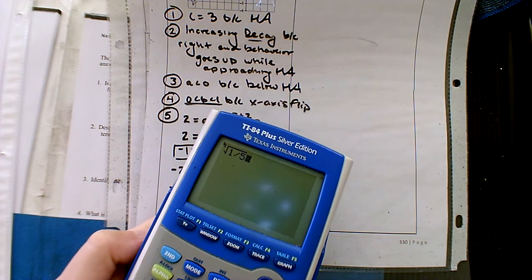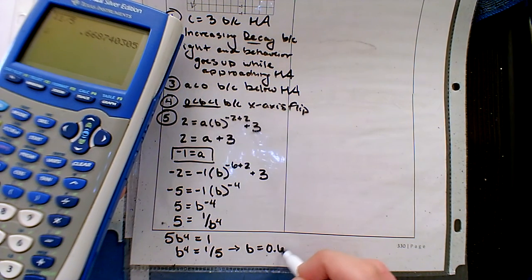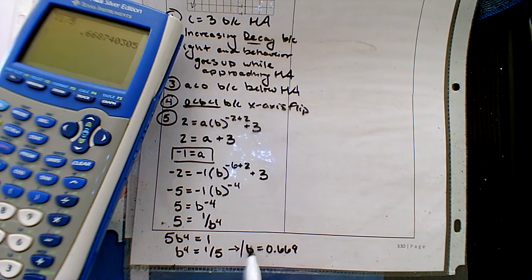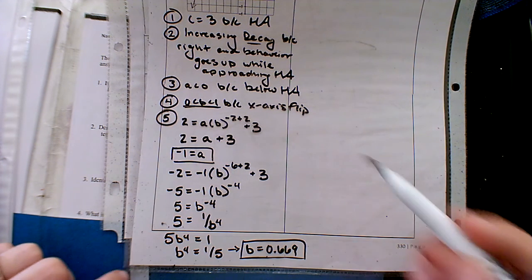And we'll type in 1/5 on the inside of that 4th root. And we get 0.669. That's a base between 0 and 1 like we were anticipating, so I think we're doing something good.